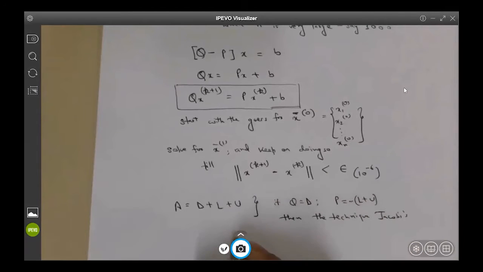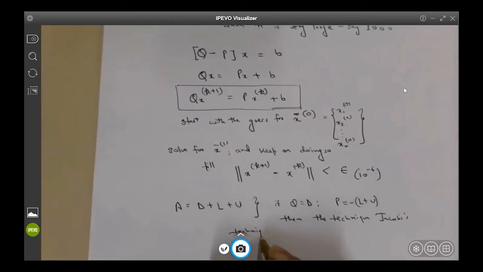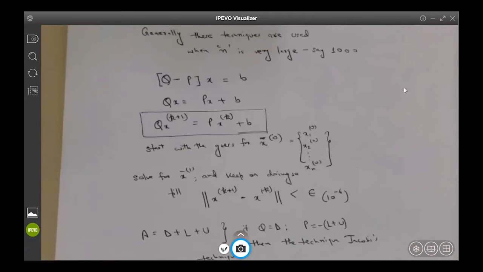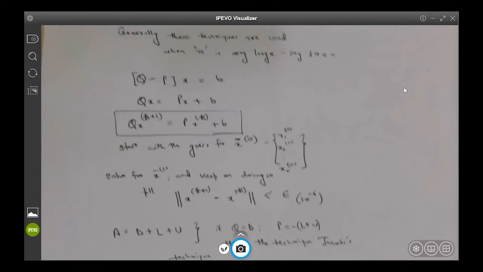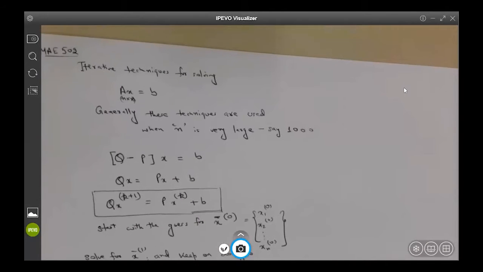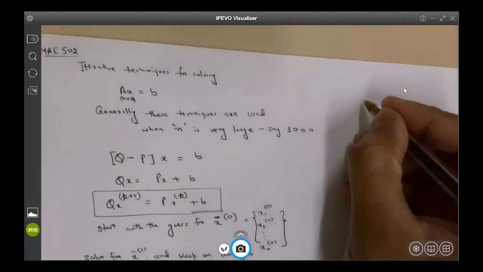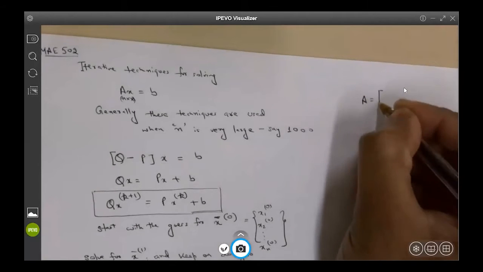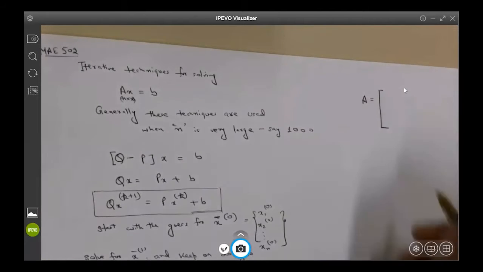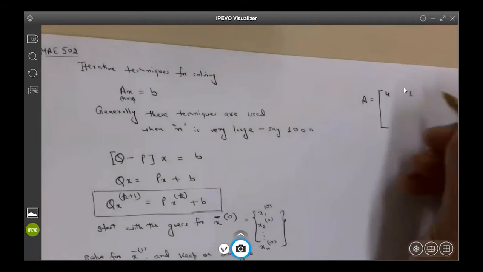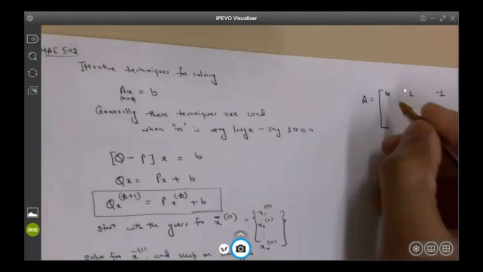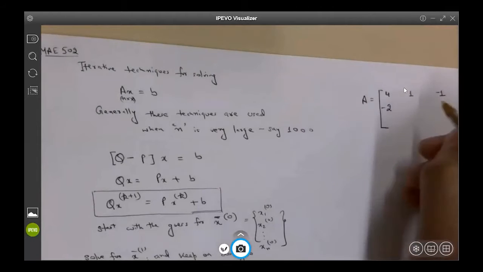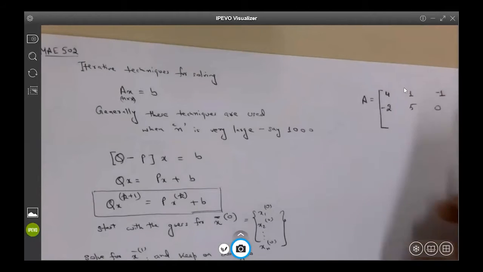That's what we did in the last lecture. Any questions, guys, so far? We also took one specific problem, the solved example 11.24. So I'm just redoing that, using the same matrix for A.